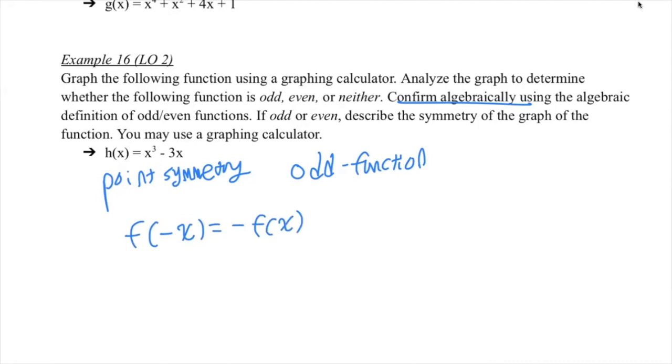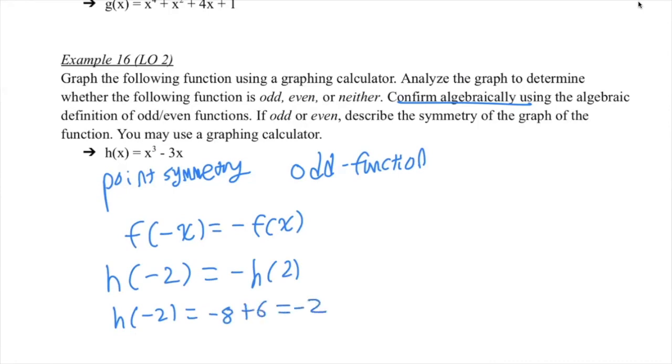So let's confirm. In this case, it's not f, it's h. Let's check if h of negative 2 is equivalent to negative h of 2. H of negative 2, if you plug in, would give us negative 8 plus 6, which is negative 2.